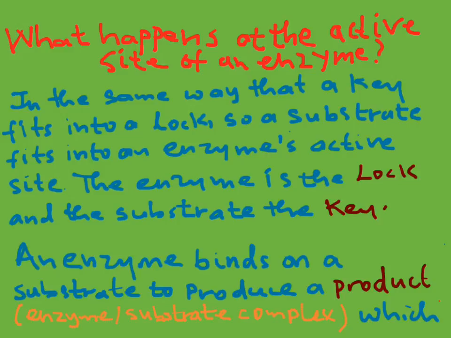This is already what is happening at the active site, because when the substrate binds to the active site of the enzyme, a product is formed. Now, the first thing that is formed is called the enzyme substrate complex. This enzyme substrate complex is short-lived.